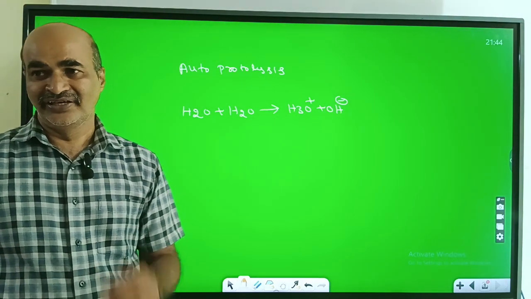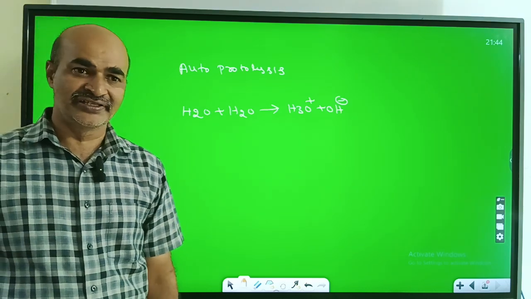Next, in plants, photosynthesis reaction takes place.